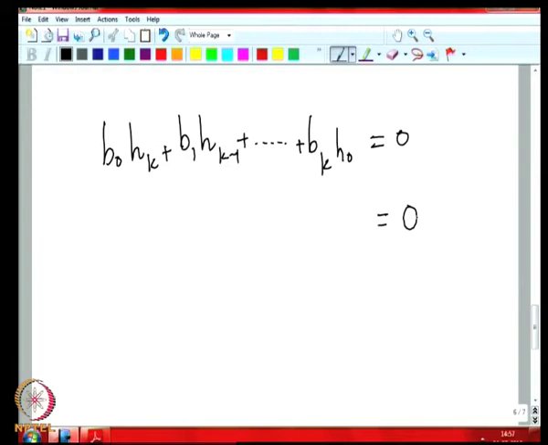From the other side we will get b0 into h k plus 1, because we are talking about k plus 1, plus b1 into hk, because in the first term b1x will come, hk into x raised to k will provide x raised to k, and like that, all the way to bk into h1, because bk has x raised to k already.